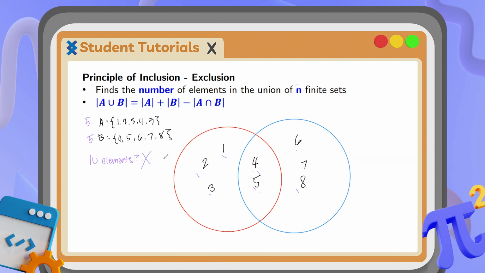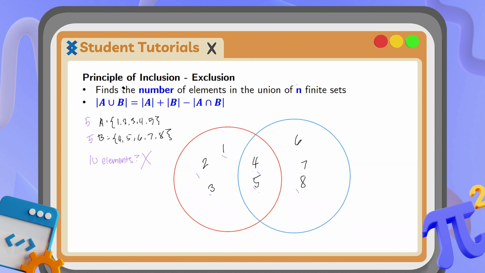Wrong. Because notice that we counted 4 and 5 twice. And that is what the principle of inclusion-exclusion wants to avoid: double counting elements in the union of n finite sets.